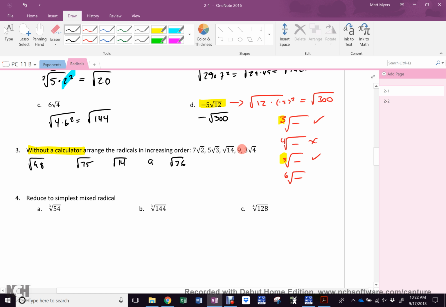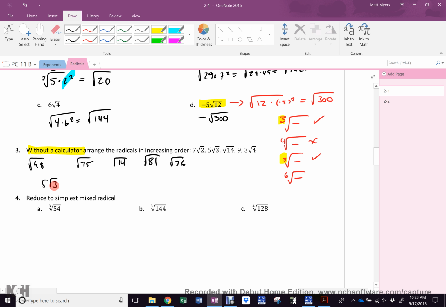So, put them in order. Well, we know that's 3, don't we? Or, what else is it? Now, yeah, root of 81. It's also the root of 81. Now, it's easy, right? What's the smallest? 14. Root 14. So that's 5 root 3.